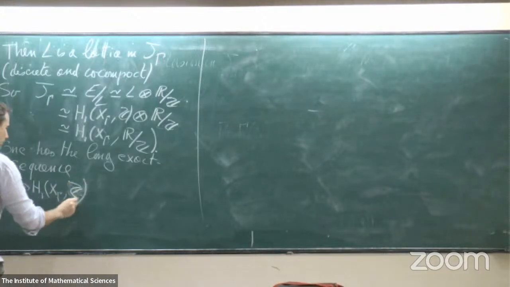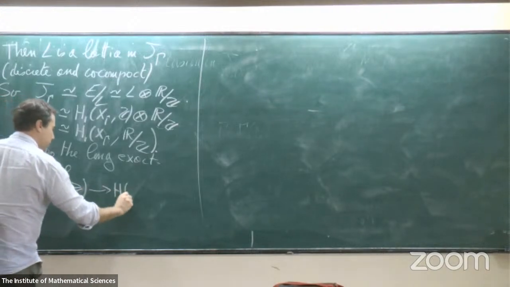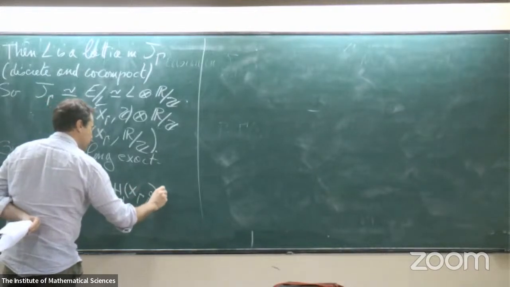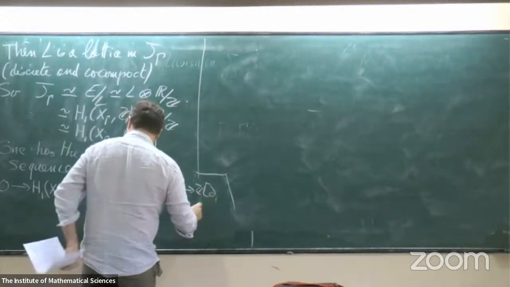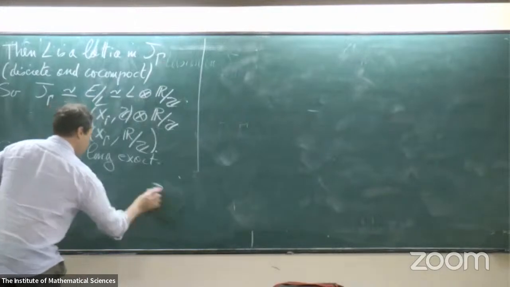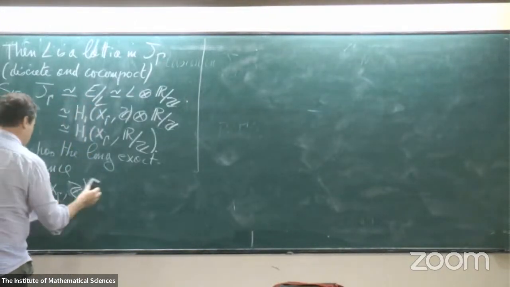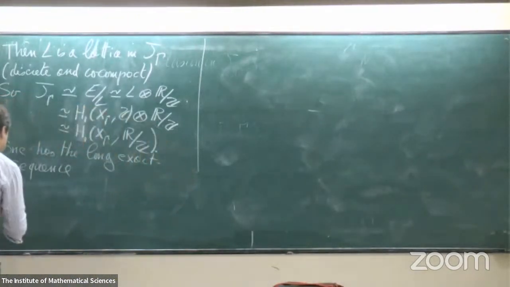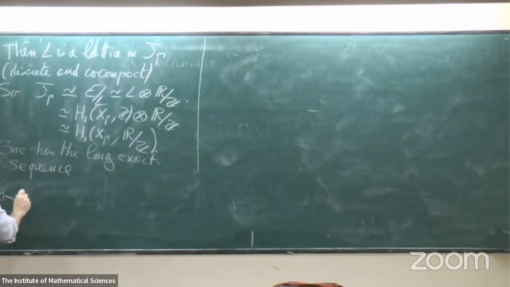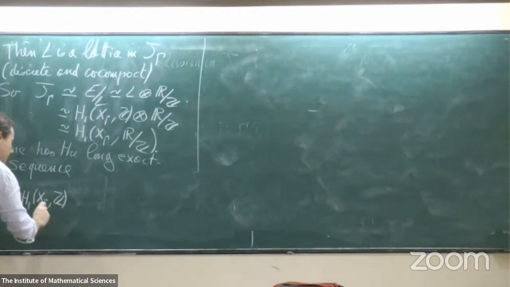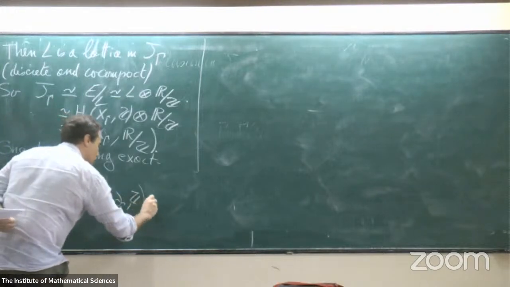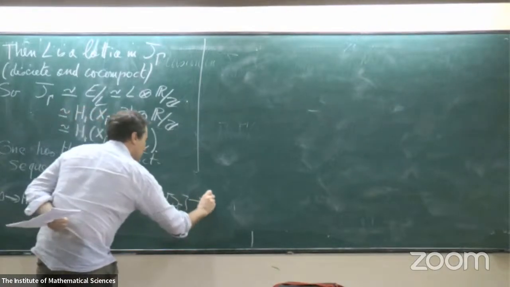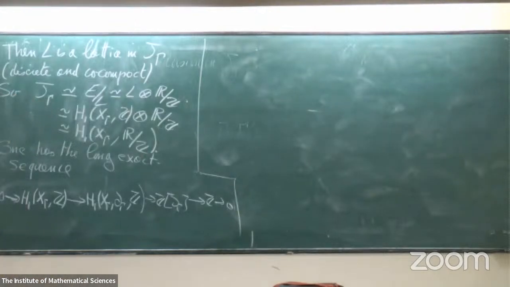I'm sorry, it's still Z. So it can be embedded into a larger homology group. Okay, so this map is just a degree.